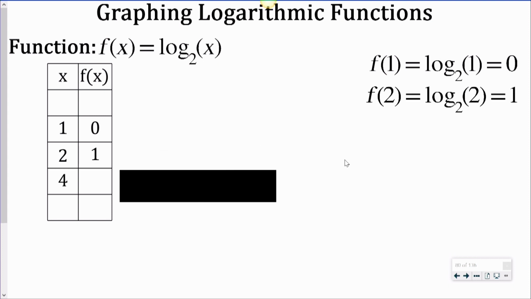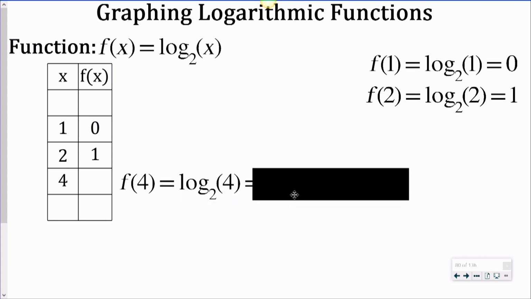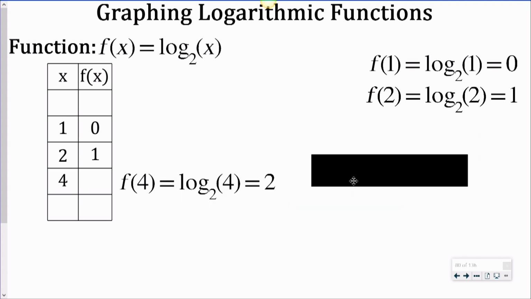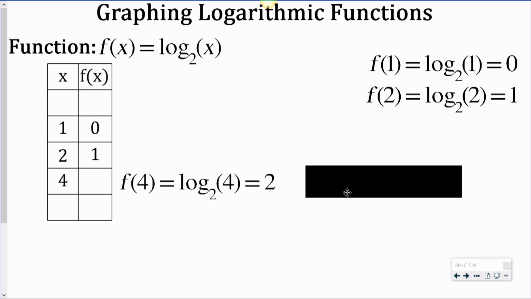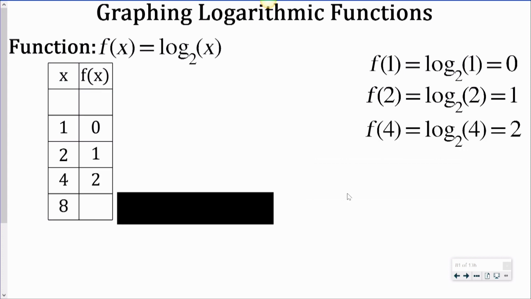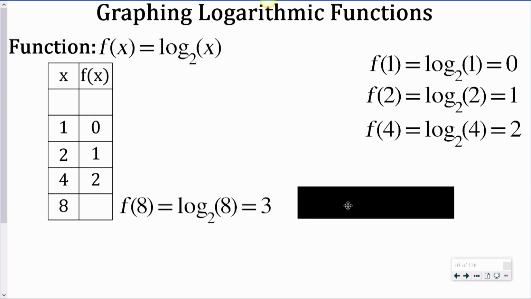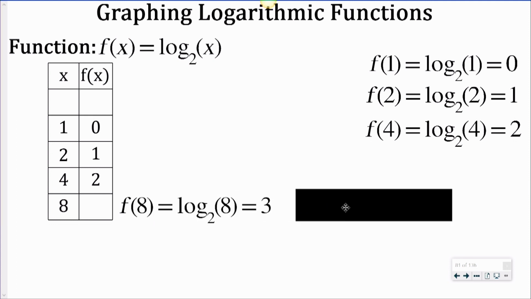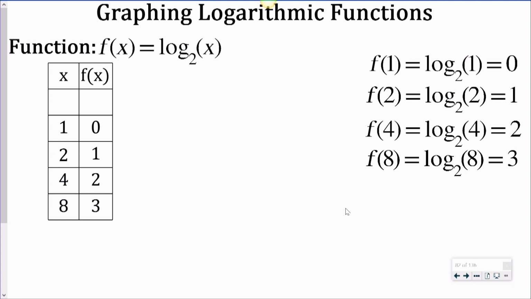What can we raise 2 to in order to equal 4? We can say 2 squared. And lastly, what can we raise 2 to in order to equal 8? 3. Now, I left one spot blank. Here we have 1, 2, 4, 8.